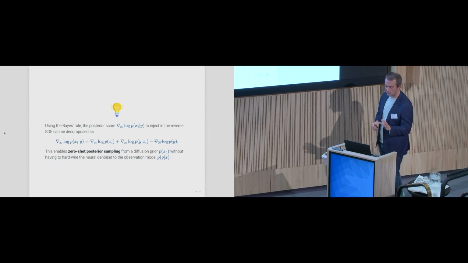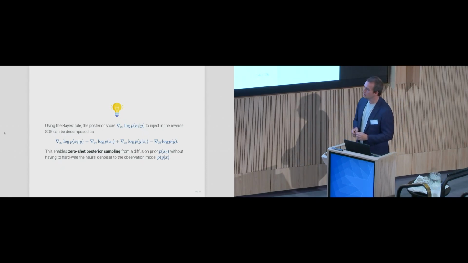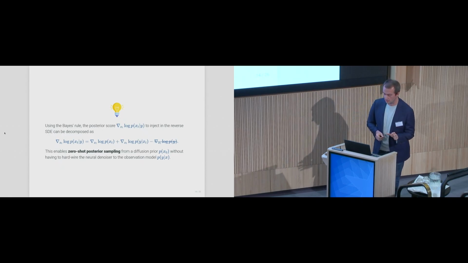This is quite nice because this trick enables what we call zero-shot sampling. You can take a pre-trained diffusion prior and sample conditionally on external variables Y, conditionally on observations, without having to hardwire the architecture of this neural network.